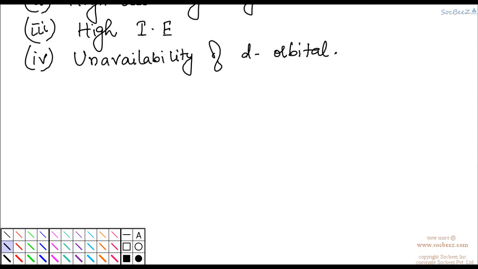Now another important property, and in fact a very important property of carbon, is this. Let me write it in another color.